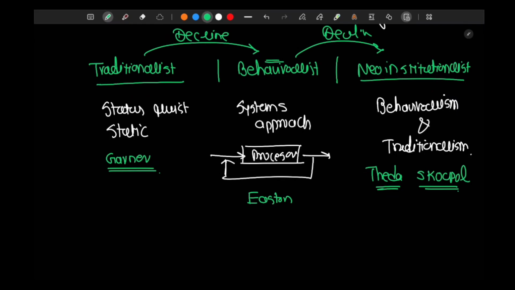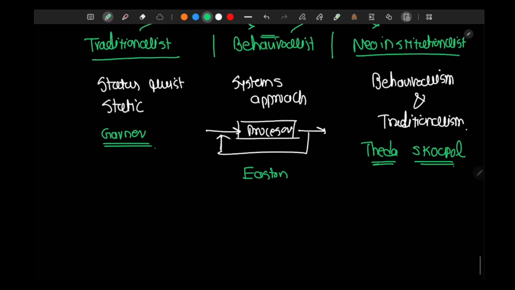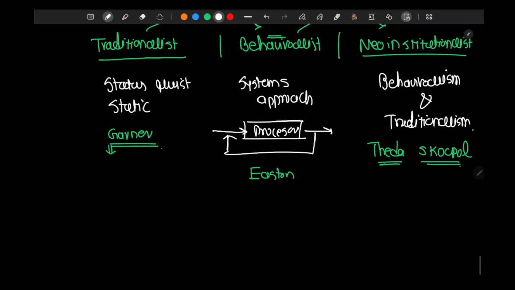So this is how state is seen comparatively with respect to traditional, behavioralist, and neo-institutionalist approaches. The quote of Garner was that political science begins and ends with state. This is a very good quote to start your intro, to start your answers.